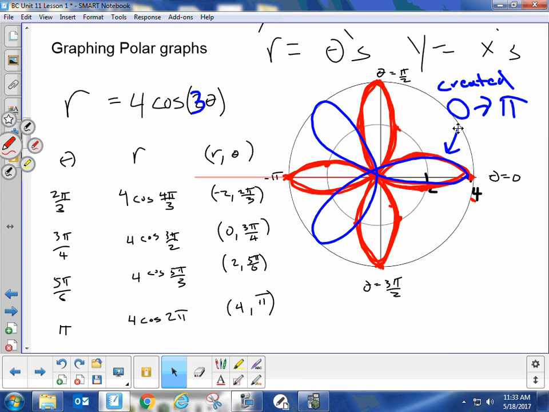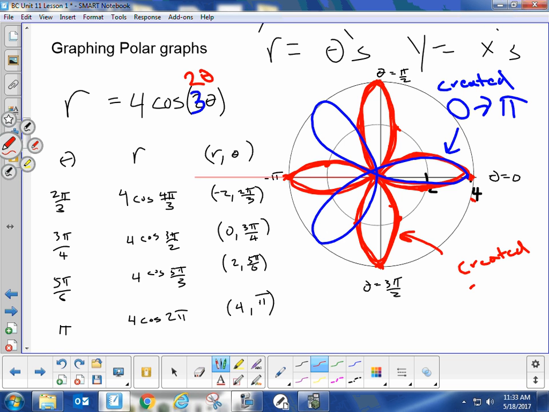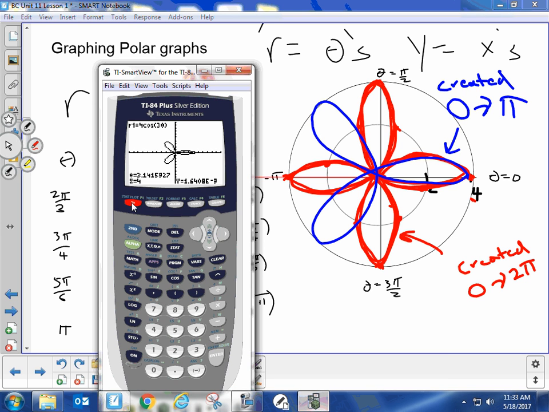Whereas your red graph of cosine of 2 theta was created from 0 to 2 pi. And then after you go past 2 pi, it would be traced over. Now, watch that. I'll do it really quick. Let's go back to the cosine of 2 theta.